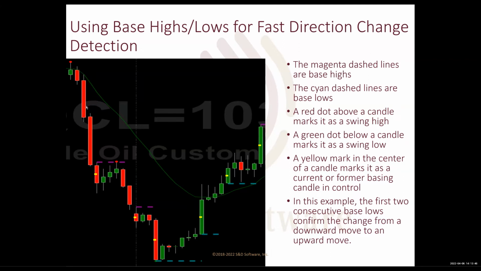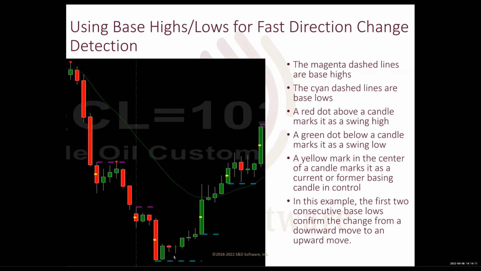So in this example, on the left here, we see price is steadily moving downwards. And then he reaches the bottom here, he forms a base. And then we get a leg out to the upside. So there's several different ways that we can interpret this.